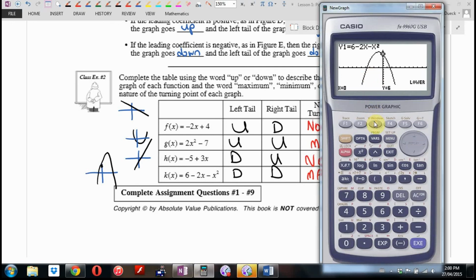What's this word here? Lower. It's actually saying, what's the lower value you want me to start out at? I'm going to say, let's start out at, oh, you know what? I think I can type 1. And a little line appears.